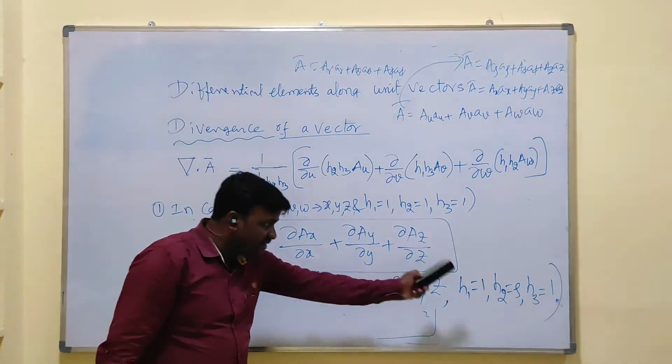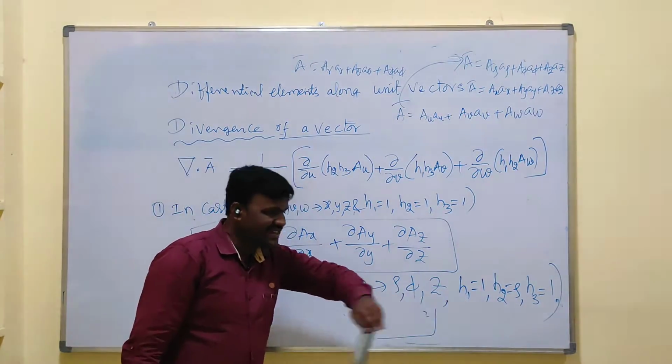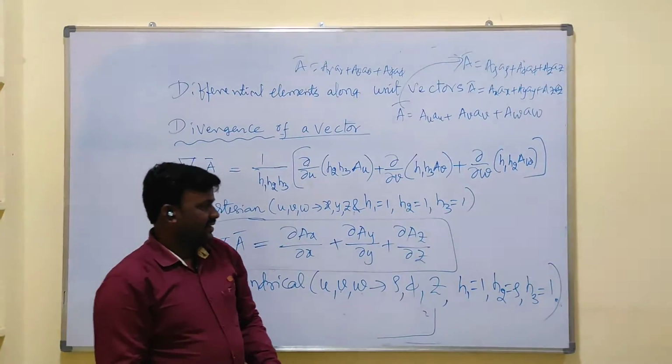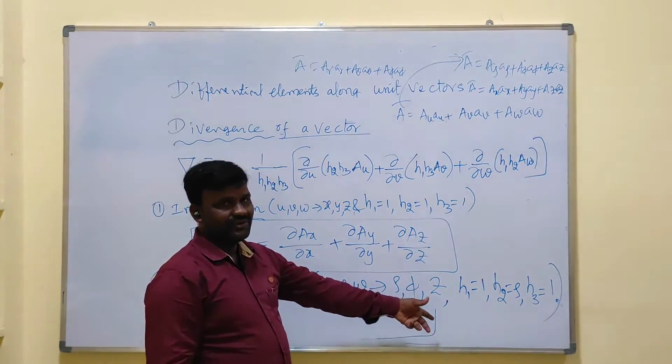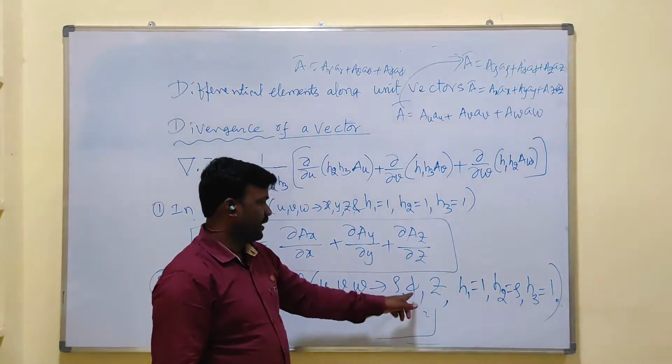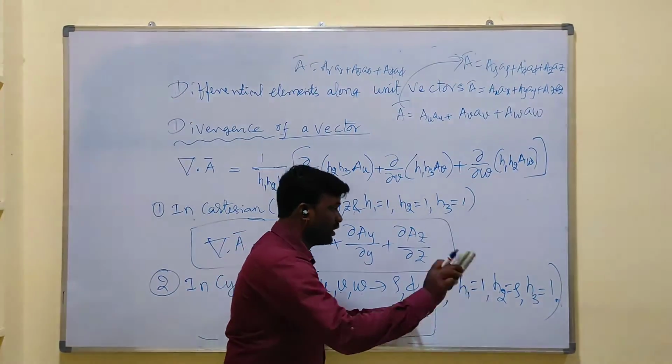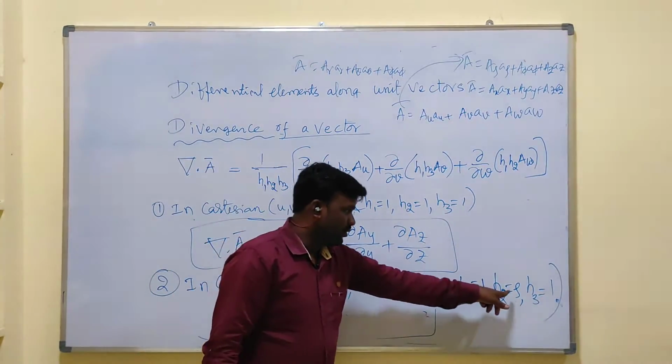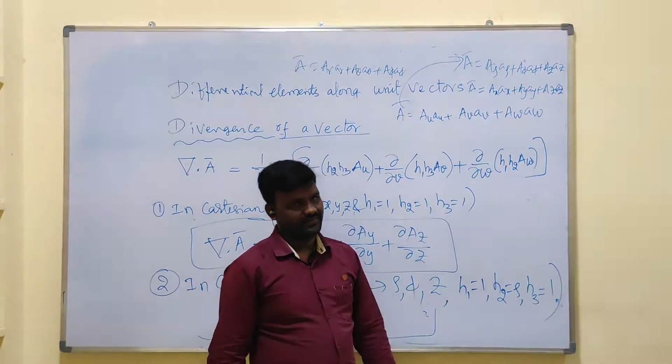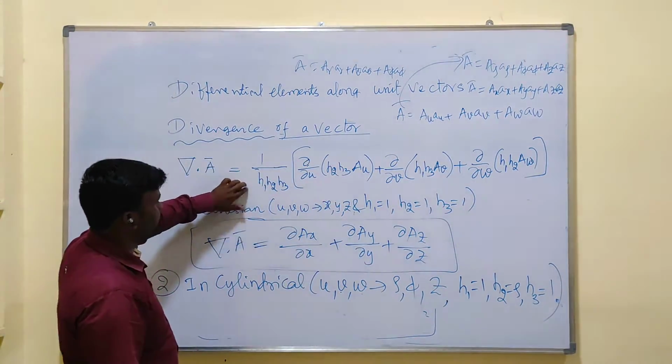How? h1 means the first one, that is dρ, so the multiplication factor is 1. Phi is angular, so the arc length is rho dφ. For dφ, you have this multiplication factor. Now substitute in this one.